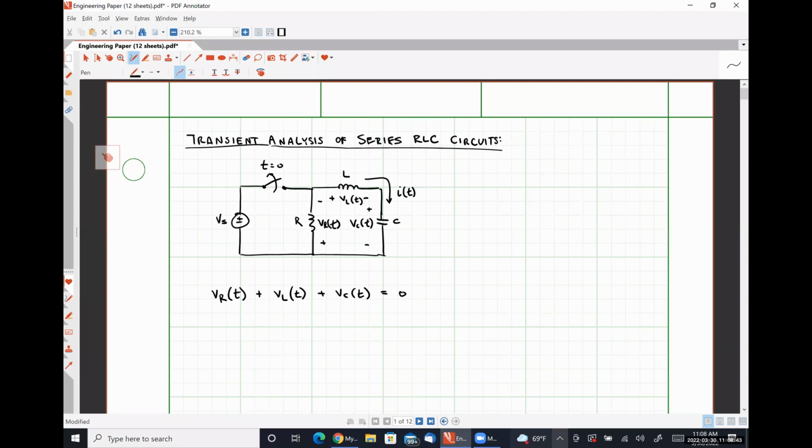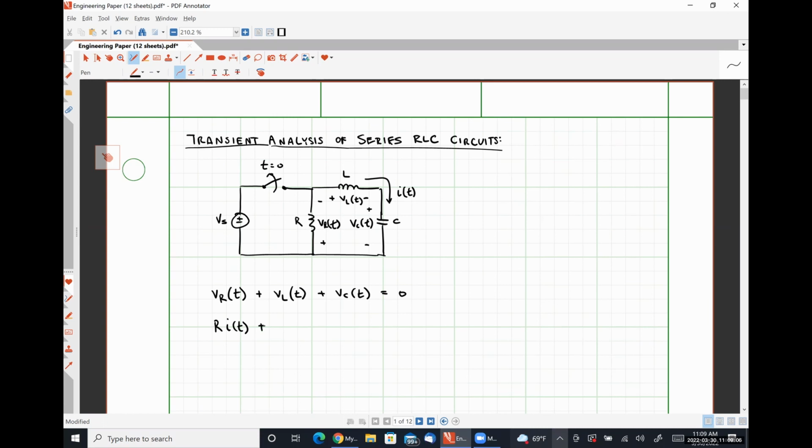I can express all three of these voltage drops in terms of my common current I of t, right? So the voltage drop over my resistor is R times I of t.